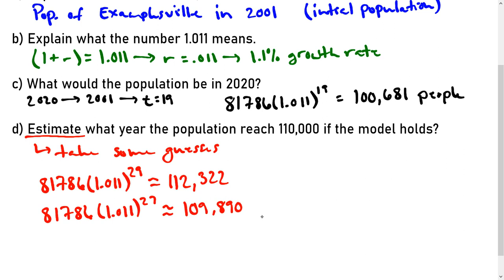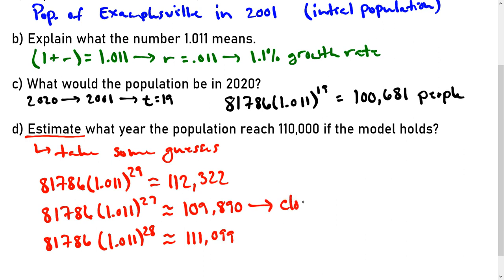Well, that's pretty close, okay? But maybe let's just make sure we can't get any closer to that. So let's do 1.011 and raise it to the 28th. So if instead of raising it to the 27th, I raise it to the 28th, I'm going to get 111,099. So which one of those is the closest?